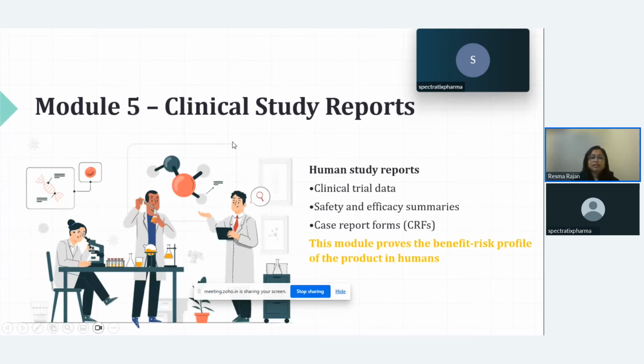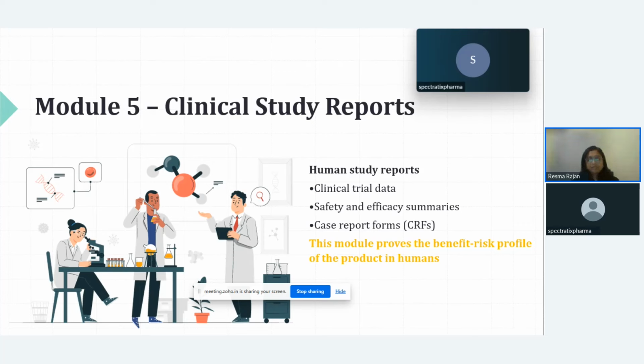Okay. Next comes Module 5, the clinical study report. Here, as you all know, there are different stages of clinical trials: phase 1, phase 2, phase 3, phase 4 studies. Phase 1 also has 1A, 1B, 2A, 2B, like that.